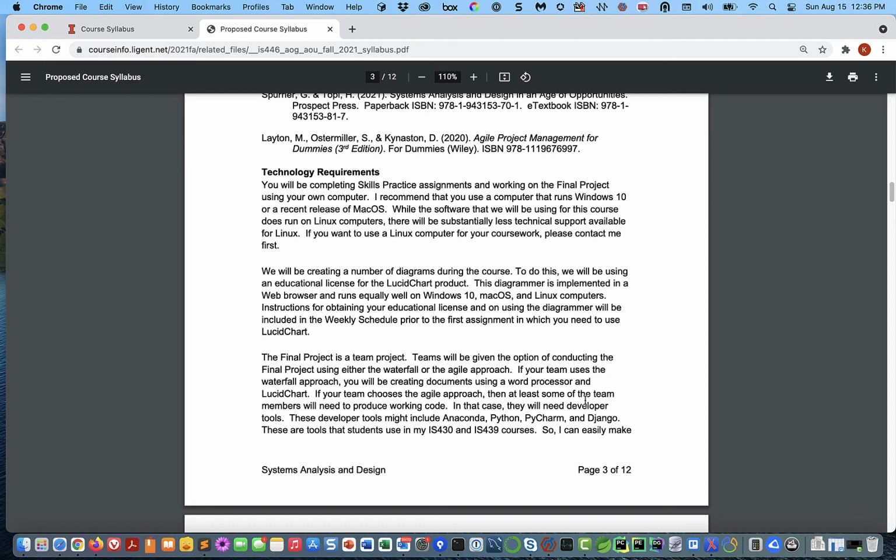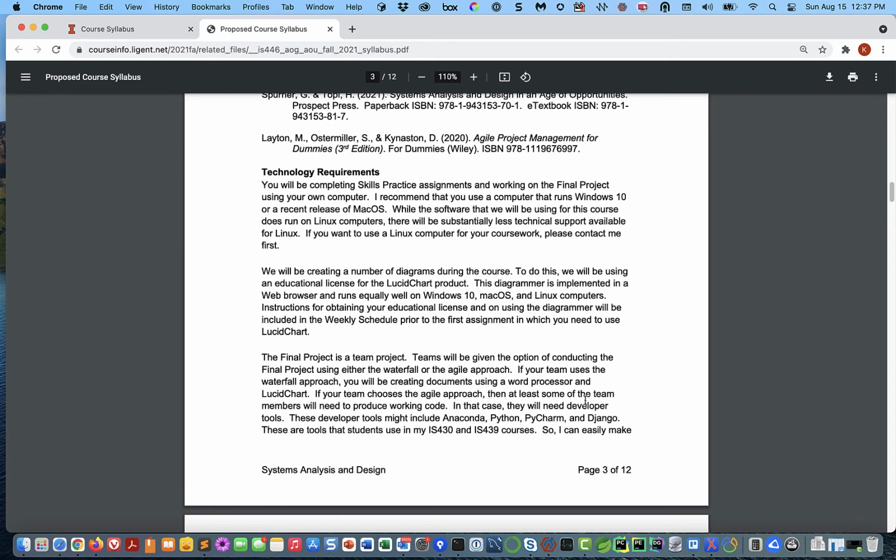One of the big things that we're going to be doing in the class is creating kind of systems analysis documents that capture the requirements and express those. We're going to be using Lucid Chart to do that, the free education version of Lucid Chart.